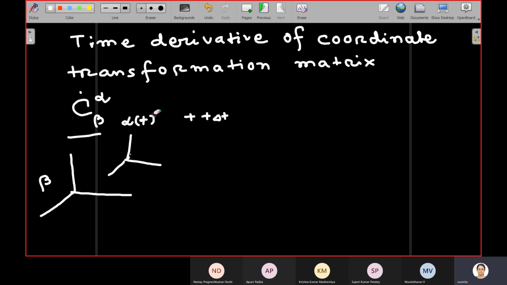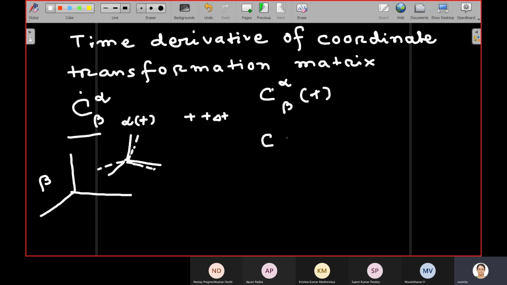So it will have some other orientation. On that we can write. So at this instant, this is the transformation matrix at t.